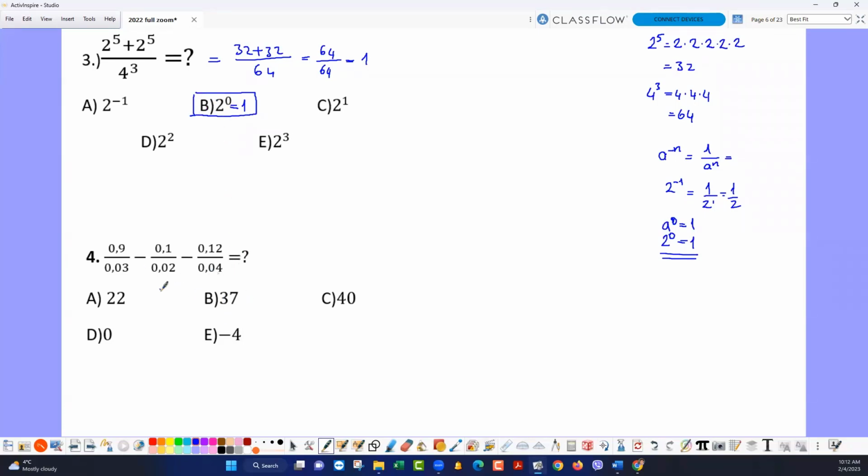Okay, this is a basic question about fractions and decimals. If we have decimals in fractions, firstly, we get rid of the decimal units. To get rid of the decimal unit like 0.03, let me change the color for the solution to separate it from the previous one.